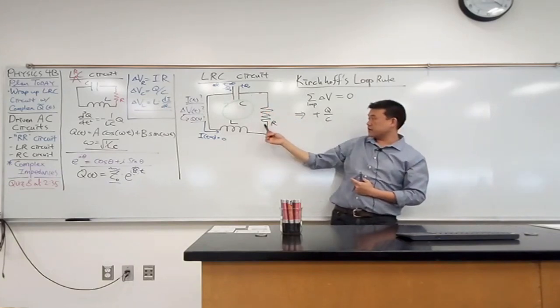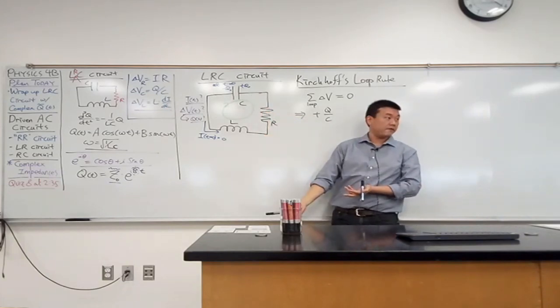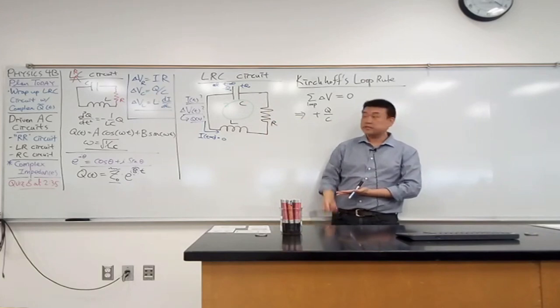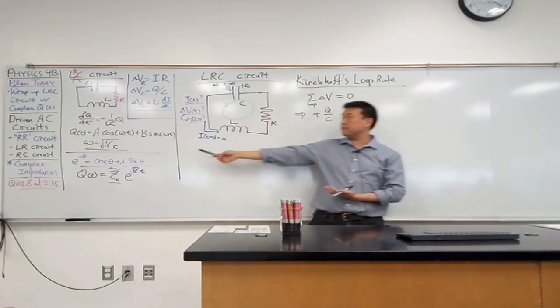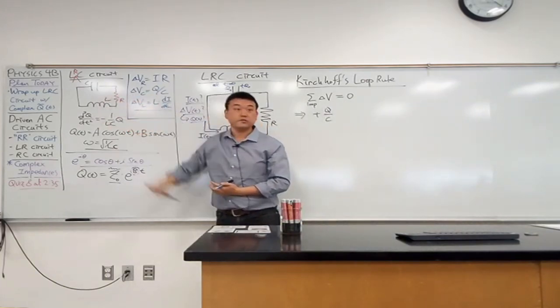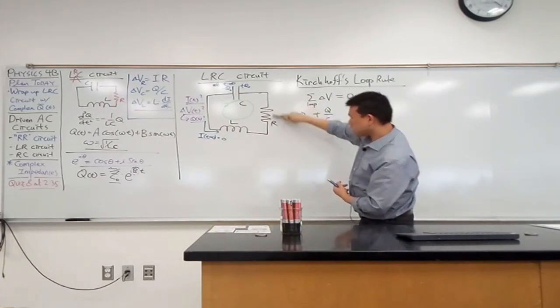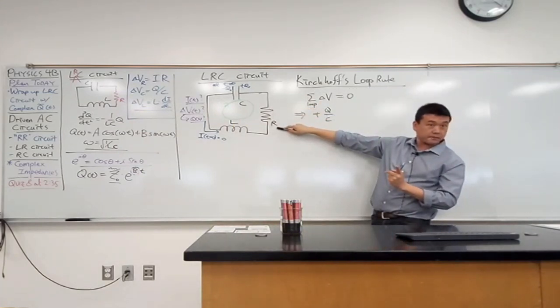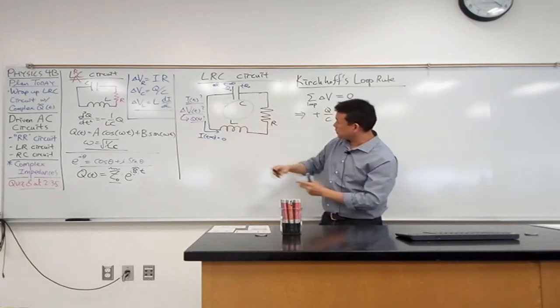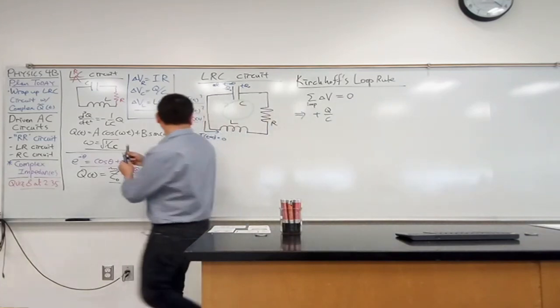As I go across the resistor, now I have a drop in voltage. So this is the term that we didn't have before I introduced the resistor. Oh wait, I changed my label.